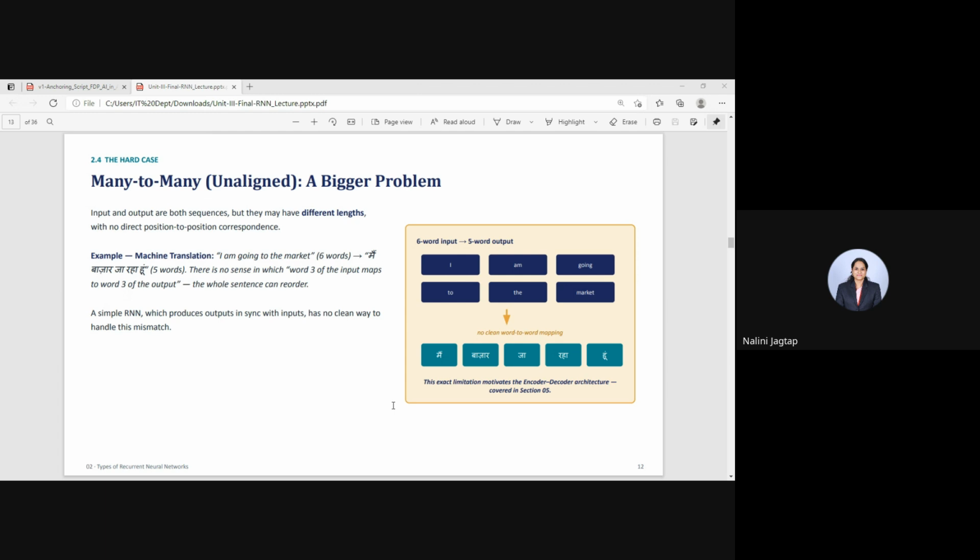This is the exact limitation which motivates us for the encoder decoder architecture. So with these multiple types of RNN networks, we will now be moving to the encoder decoder architecture hereafter.